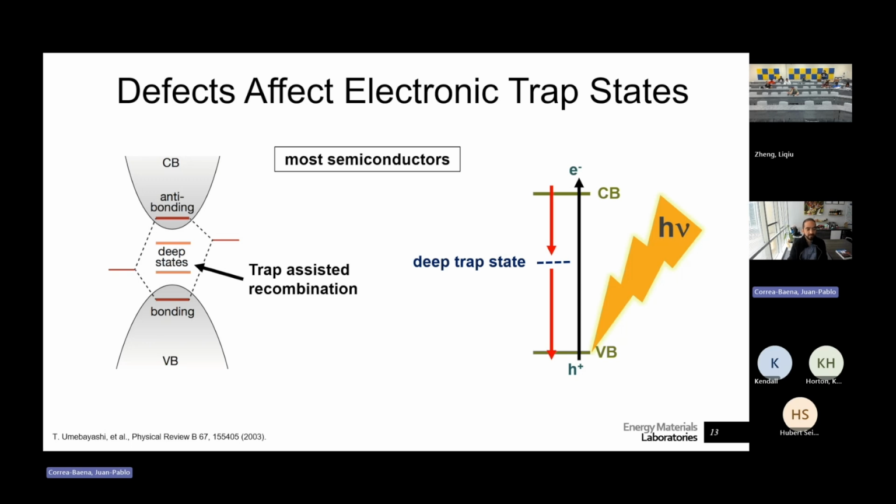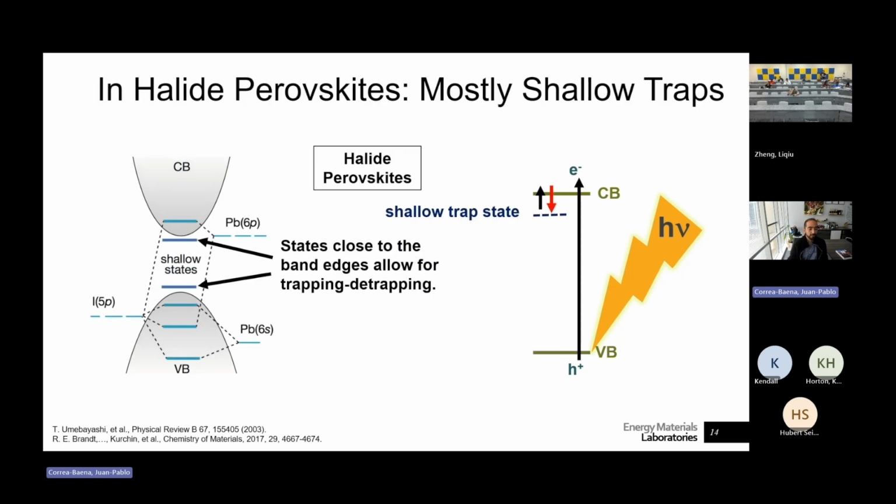You have defects that basically affect the number of electrons that you're taking out, or the electricity that you're taking out from your system. In halide perovskites, those defects give you what we call shallow states. That means that those states are very, very close to the place where the electron is.